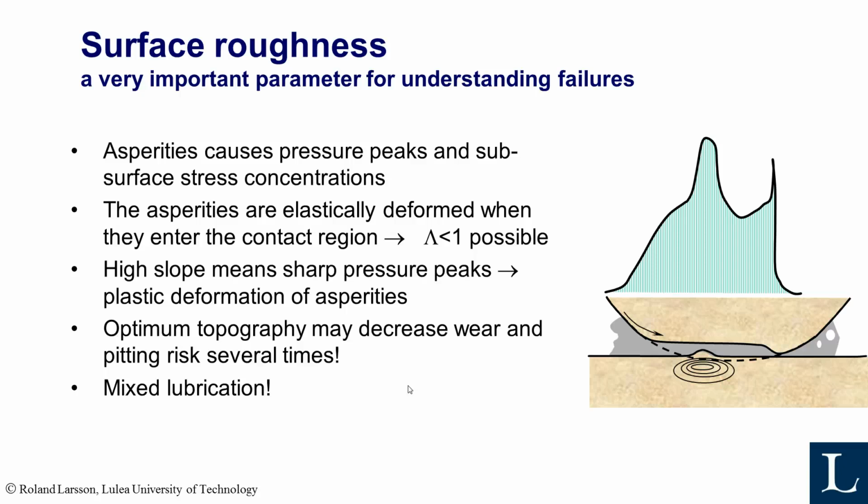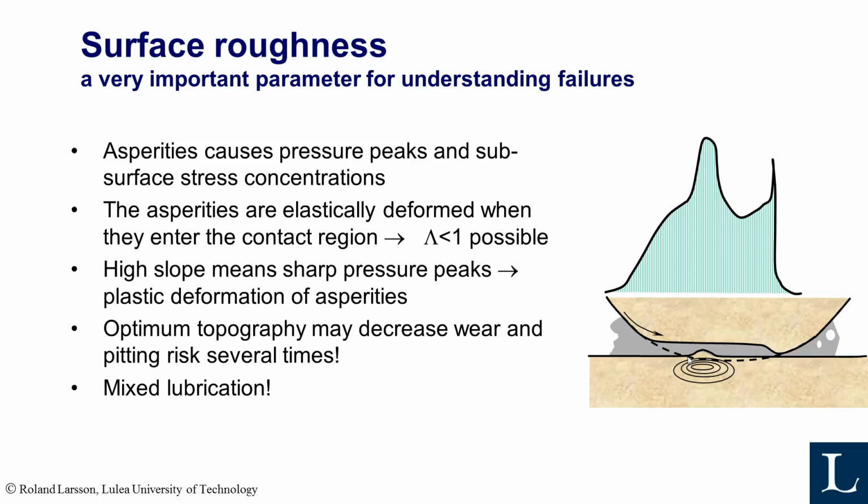So we will see, for example, if you have a bump like this, an asperity on the surface, it will definitely distort the pressure distribution completely and change or increase the pressure very much. What we have seen is that it depends on the shape of the asperity how big an influence this has on the lubrication and the risk of failures, etc.